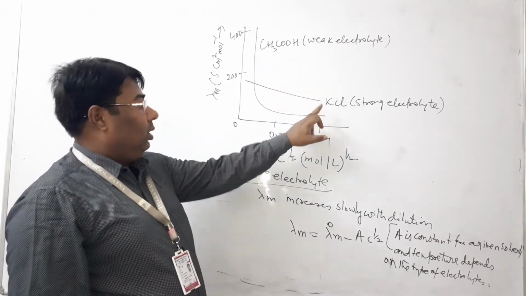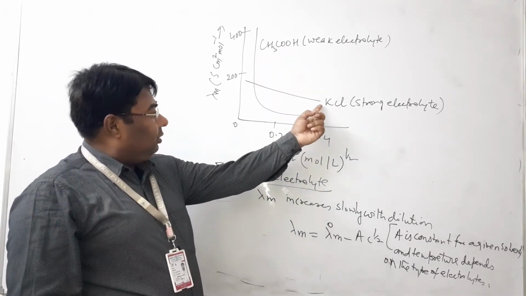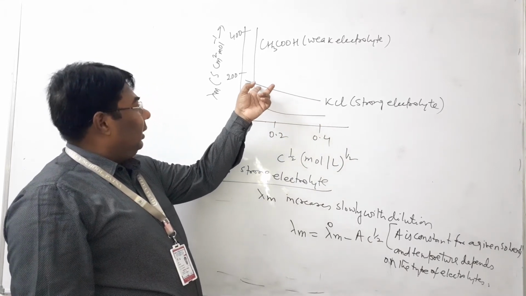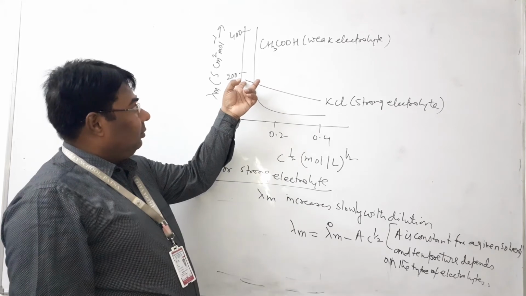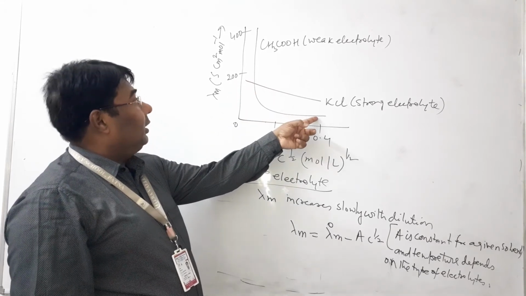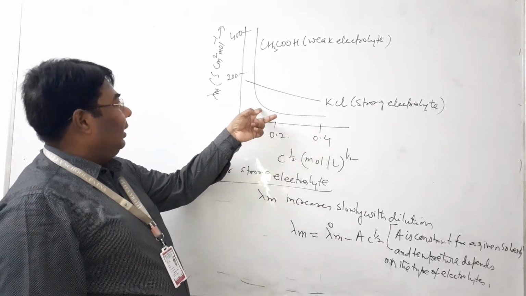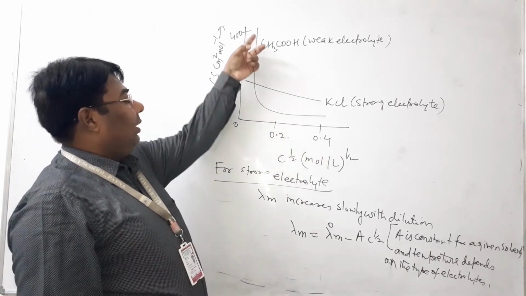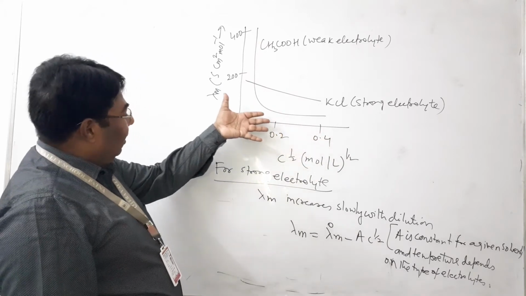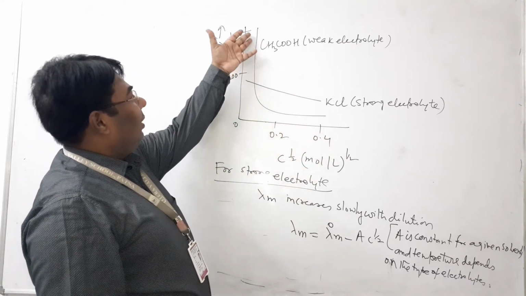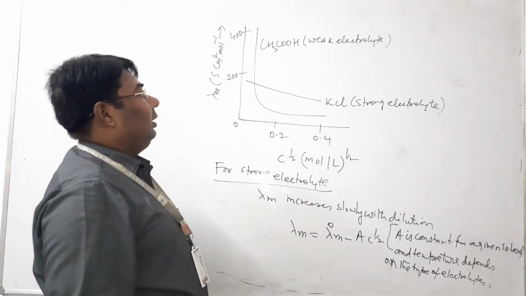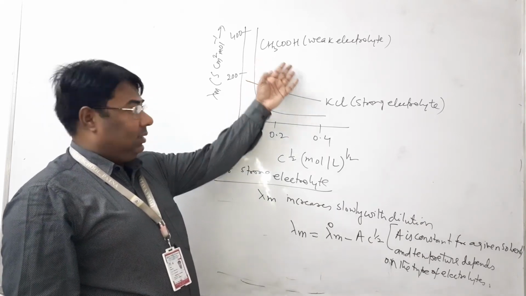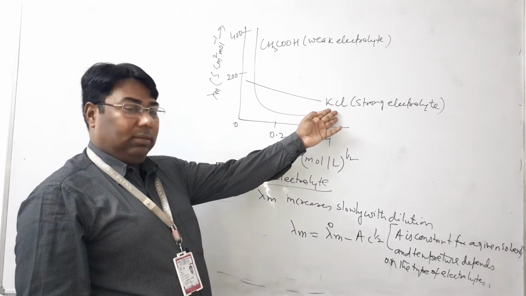Here KCl. On dilution, you see that lambda m increases, and for ethanoic acid, on dilution it also increases. When the dilution increases, lambda m increases for the weak electrolyte, because in this the number of ions is less, and in the other the number of ions is more.